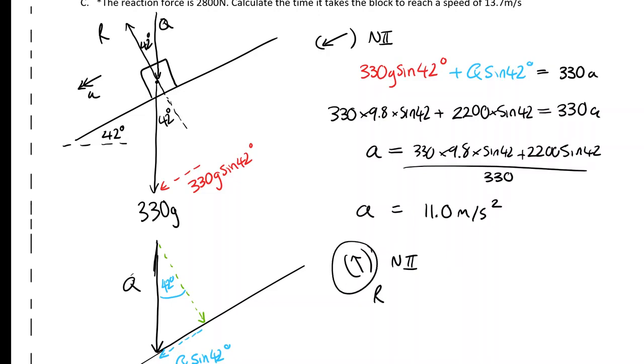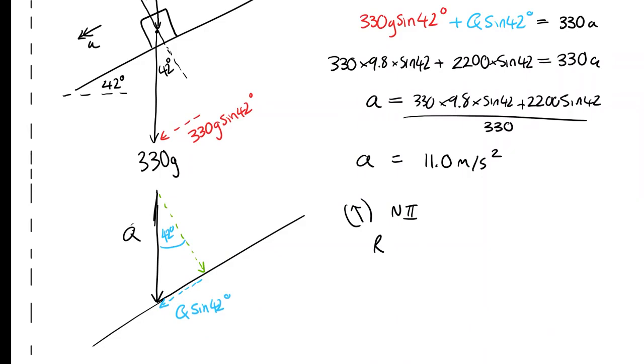It follows this direction. So we write R. Then Q, if we look at its components, this green one here, that's just been highlighted, that is acting straight down into the slope. So that's negative.